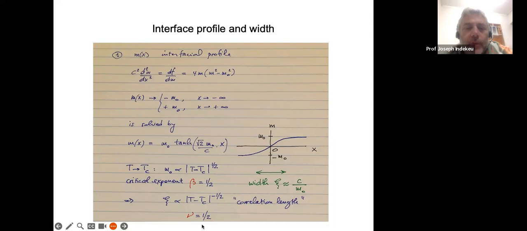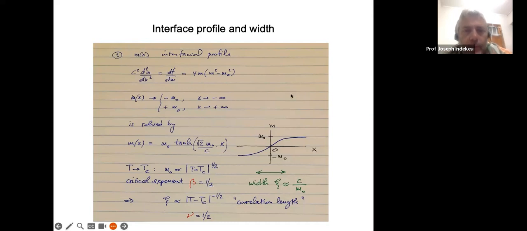And so the exponent associated with the correlation length, which we call nu, takes the value 1/2 in this mean field description. So this is the explicit form for the interfacial profile in this simplest possible density functional theory. And it already allows one to identify, say, the critical character of the width of the interface.